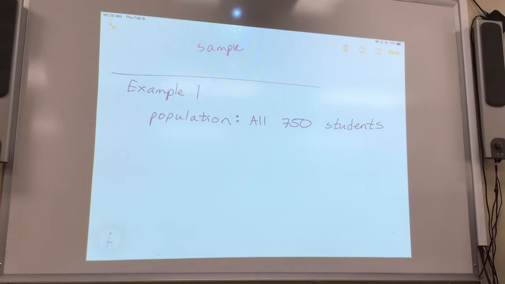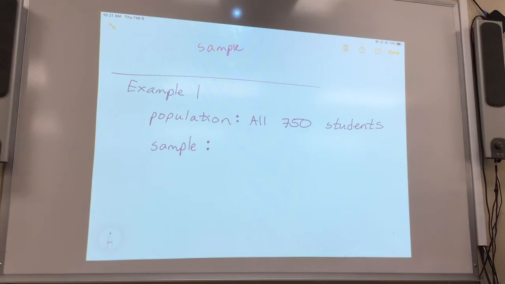For his sample, what do y'all think would be an acceptable sample size? 50? I would say 80. 100? 80? 95. Would 10 be fine? No. 10 out of 750 is not a very large sample.